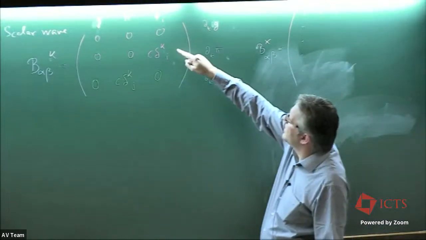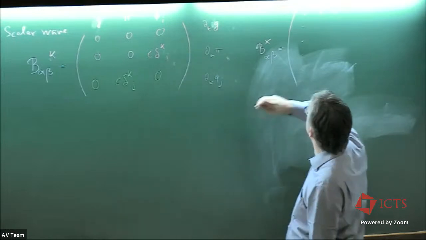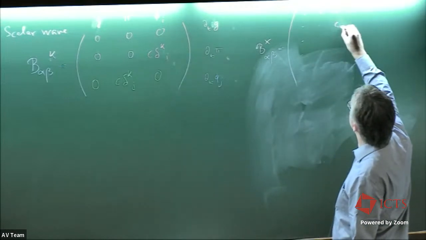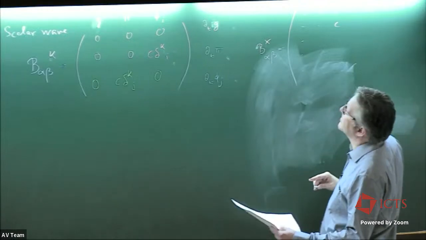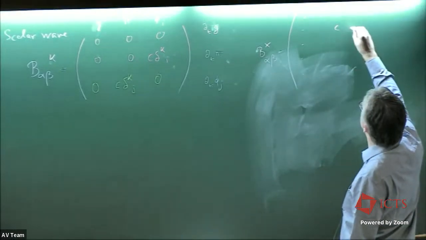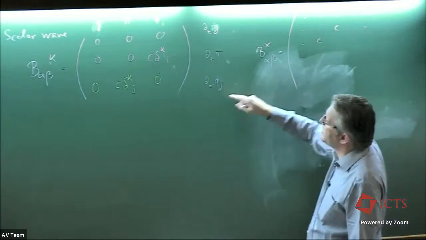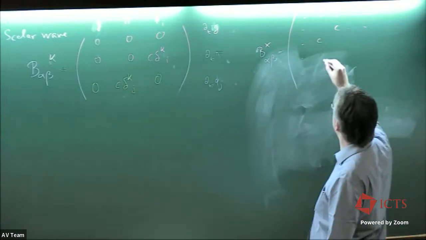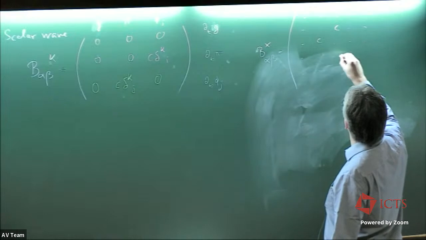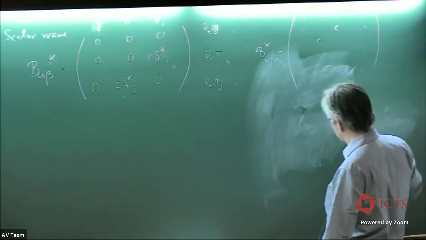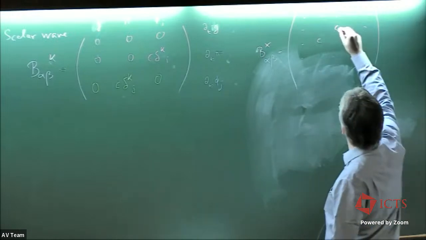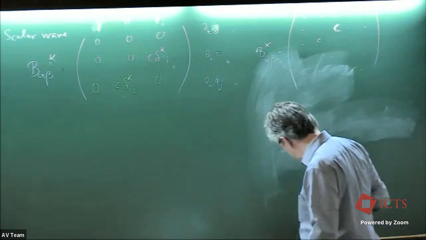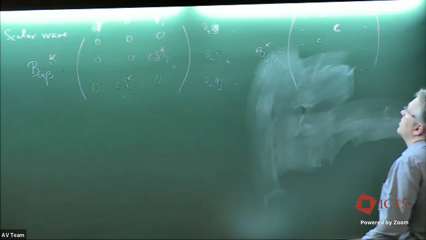We only have one element here in the X phi X component. And we have one element here, this one, and everything else is 0. If I go back to my color coding, I would call this one here C in red, and the other one in yellow.